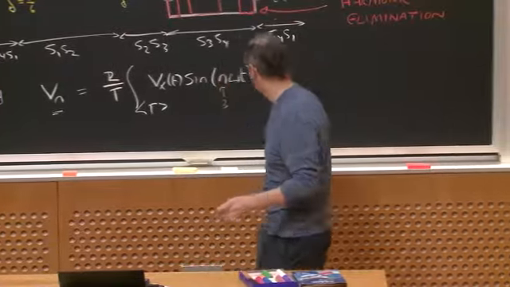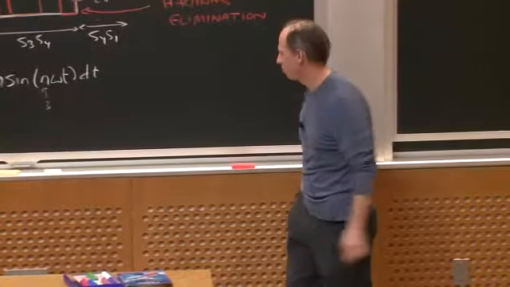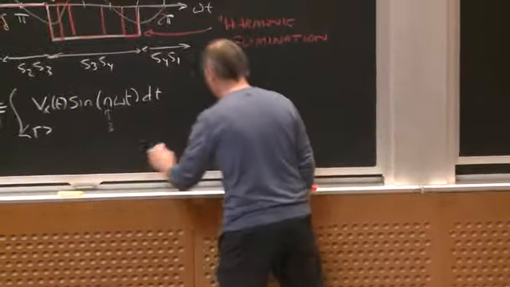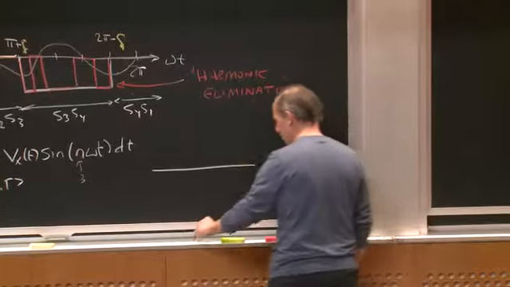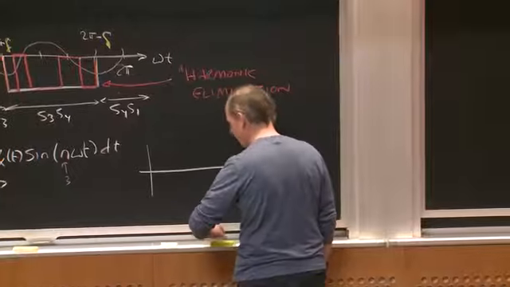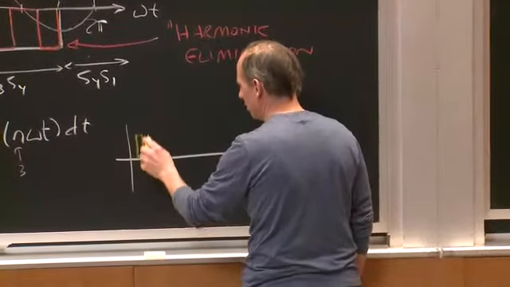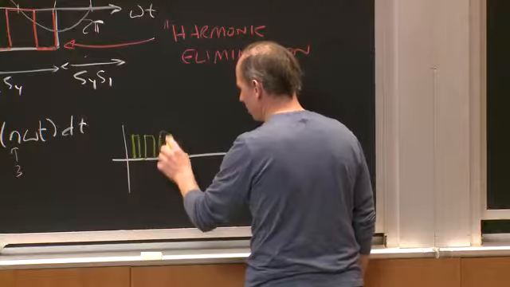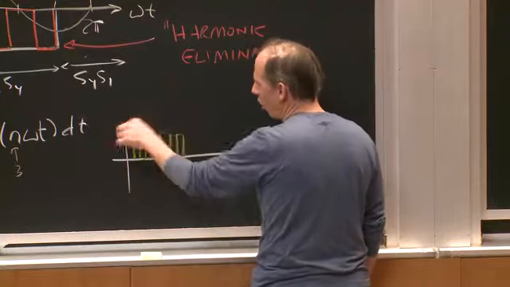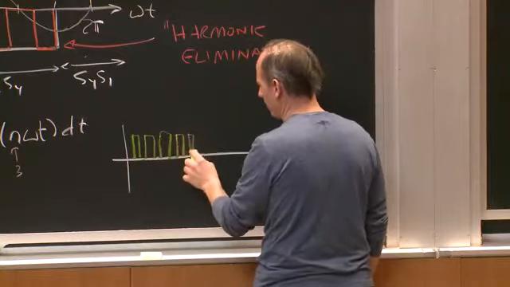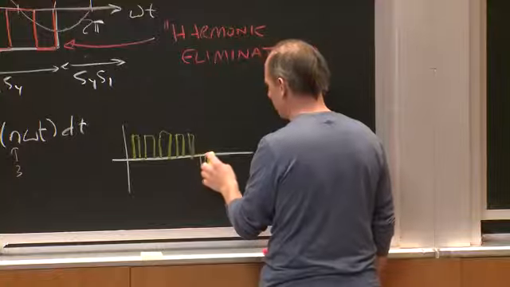The other thing I'll point out is if I took this to its logical conclusion, so suppose I said, okay, I want to get rid of a bunch of harmonics, right? So imagine my pulse waveform looked like this, and I'm not going to be quantitative now, but maybe I would have something that looked like pulse, and another pulse, and another pulse. And these are all very controlled widths, right? And then I do this, right?